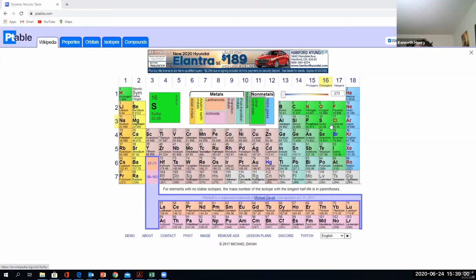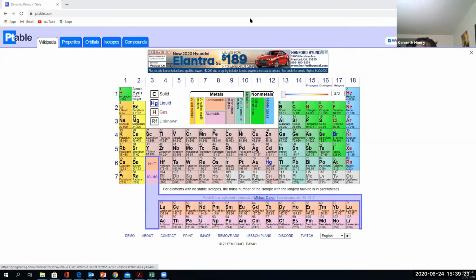So it's based on the metal and non-metal. Yes, covalent is all non-metals.